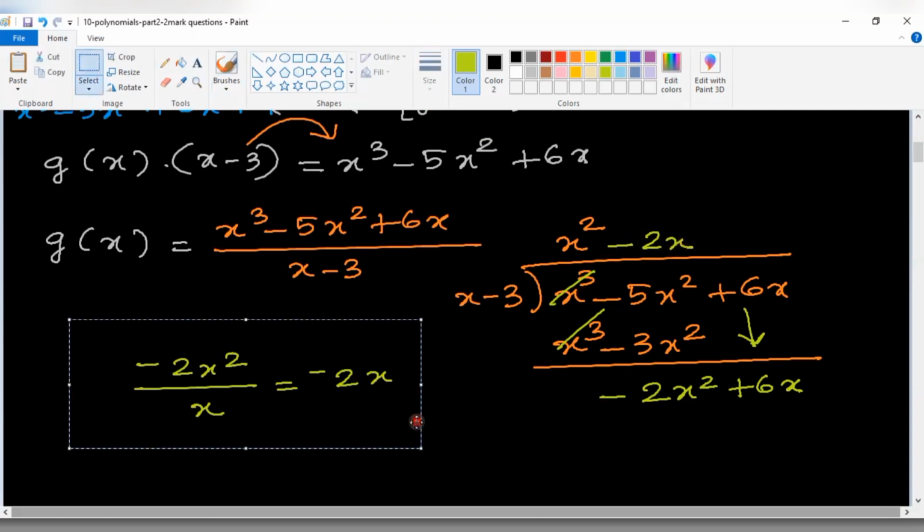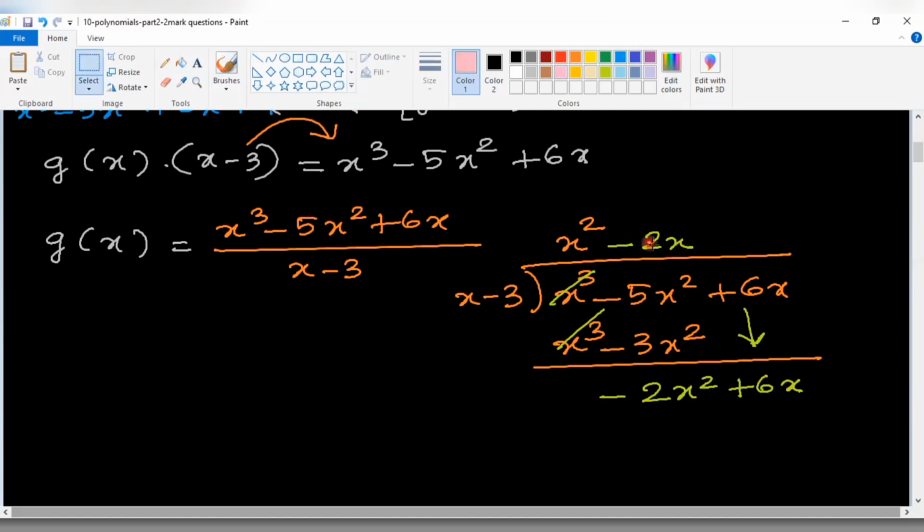Now we will multiply minus 2x into x, minus 2x square. Minus 2x into minus 3: negative into negative is positive, so this is plus 6x. Next is subtraction. Both are like terms, so when we subtract, we'll get 0.